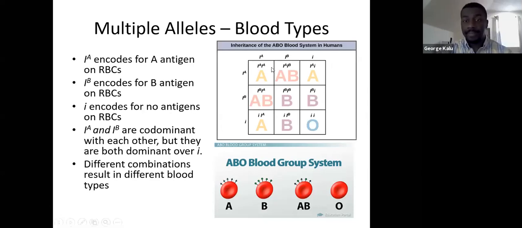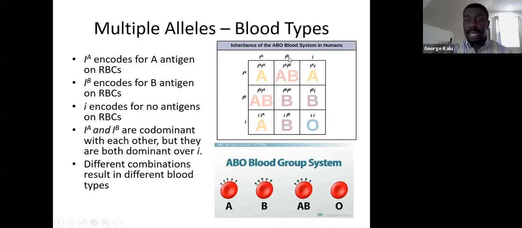So for example, if we have an IA allele that mates with another IA allele, we end up with type A blood. However, if we have an IA that joins up with a little i allele, the A is still going to be dominant over the little i, and so we end up still having type A blood. We still have the A proteins showing up over the little i ones.